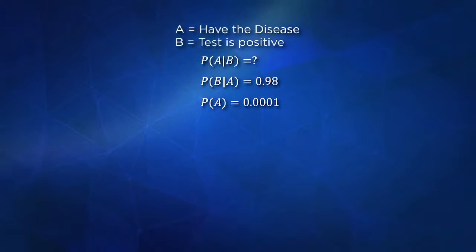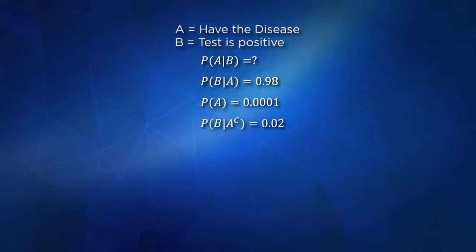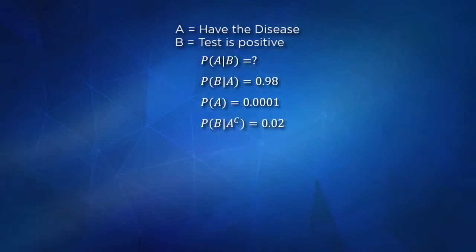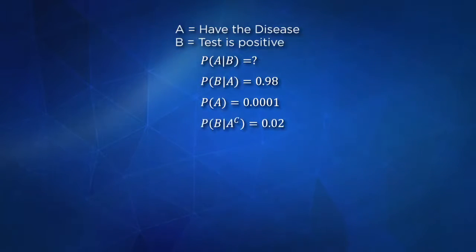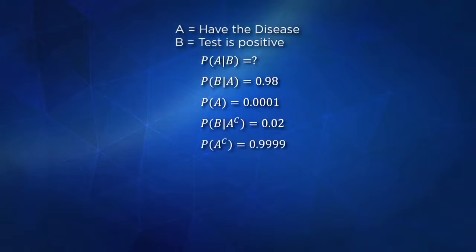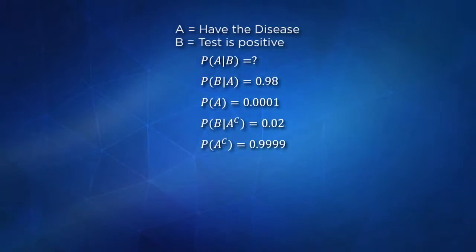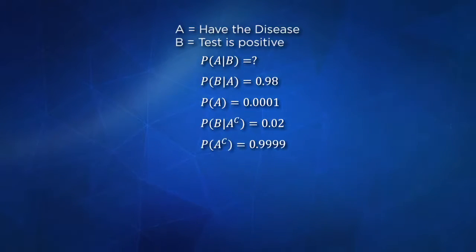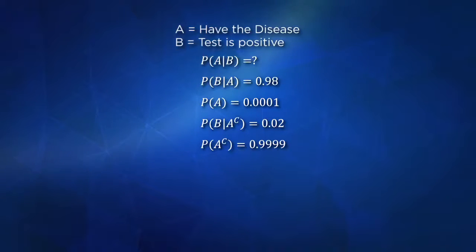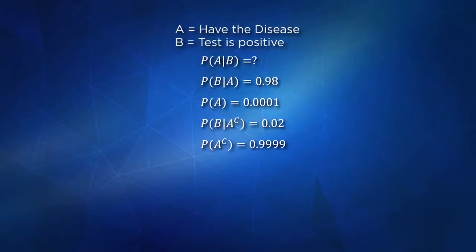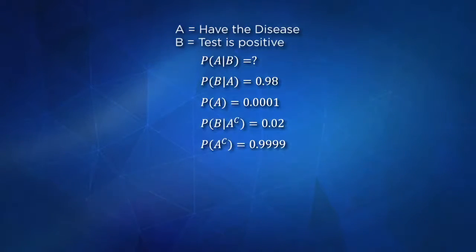The probability of B given A complement, that the test is positive given that we don't have the disease, is 0.02. And the probability of not having the disease, or A complement, is 1 minus P of A, or 0.9999. So from here, we can plug this into Bayes' rule to get the probability of us having the disease, given that we got a positive test result. Let's do that now.